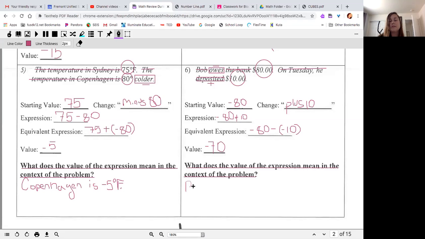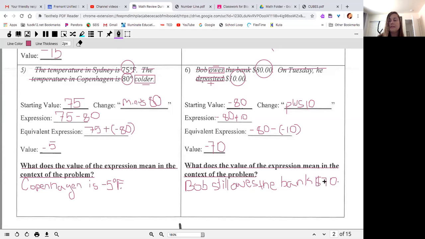You could say something like, Bob owes the bank 70 dollars.